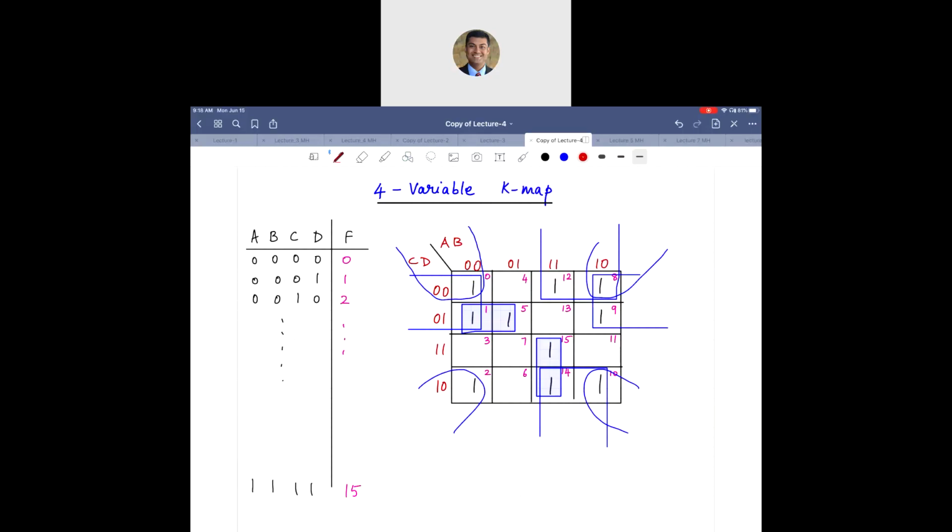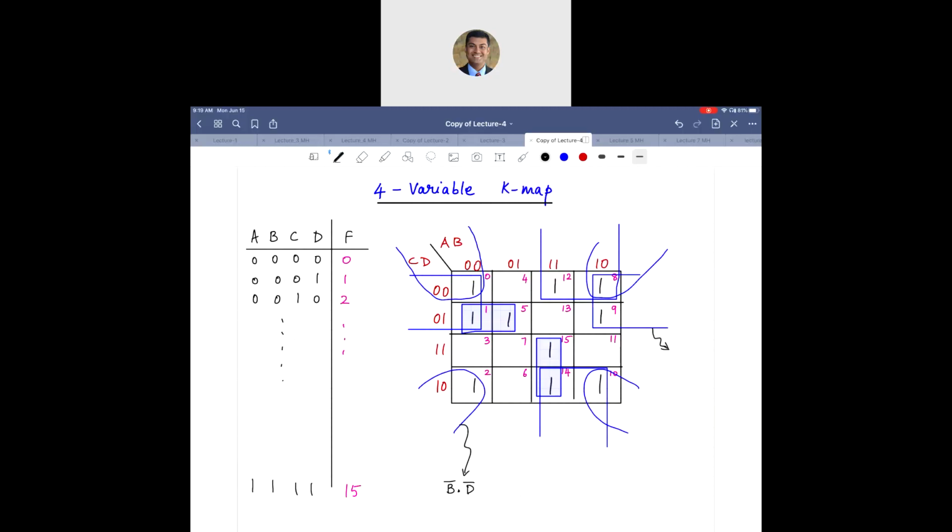So let's write out the simplest terms here. Let's say for the 4 corners, what are you going to get? For the 4 corners, B is 0 and D is 0. That's for the 4 corners. How about this group right here? The first group we made, 0, 1, 8, 9.